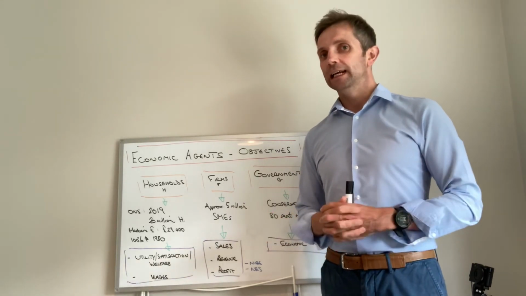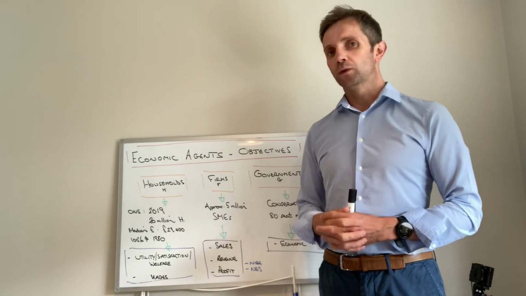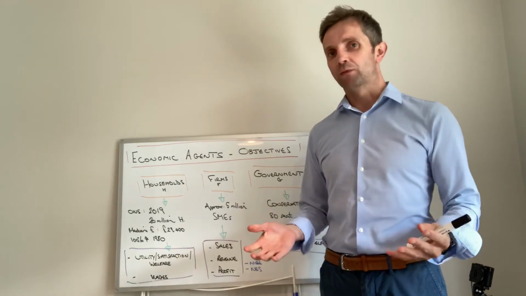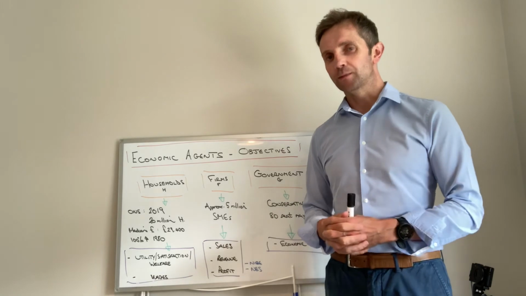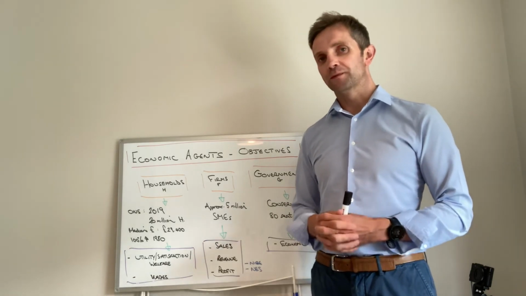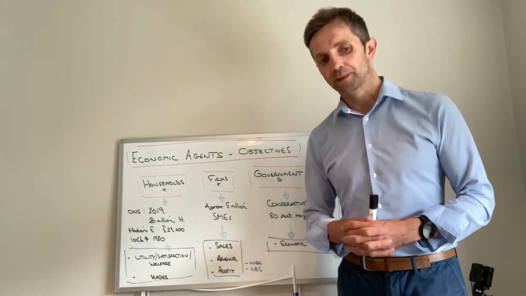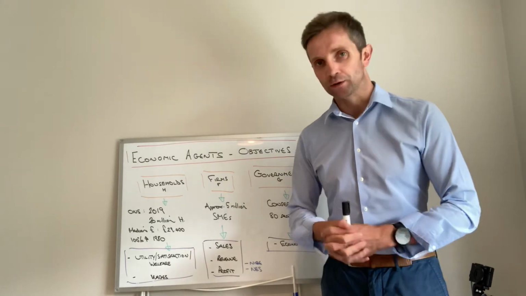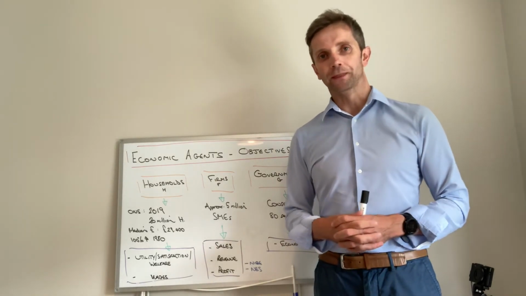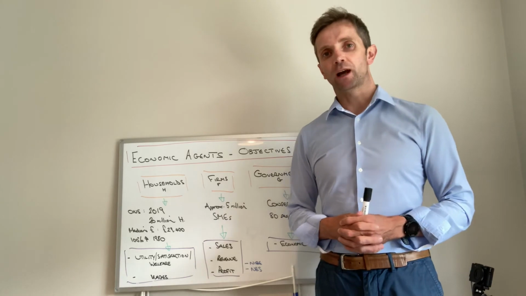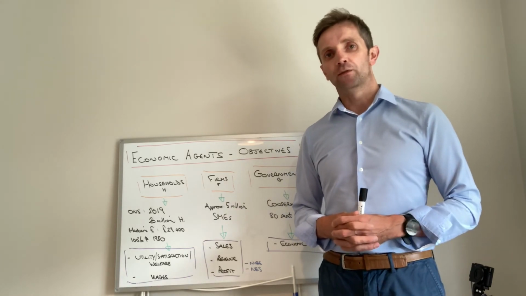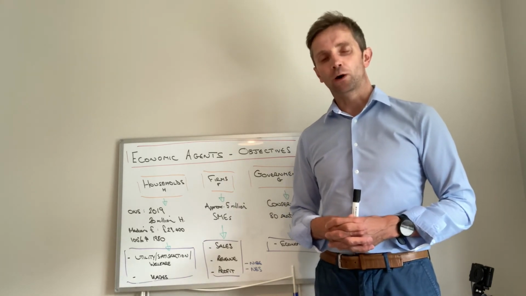But then it looks like potentially we're going to have some tax rises coming in the autumn statement to try and recoup some of the money that the Chancellor has been spending by the bucket load in recent weeks and months.